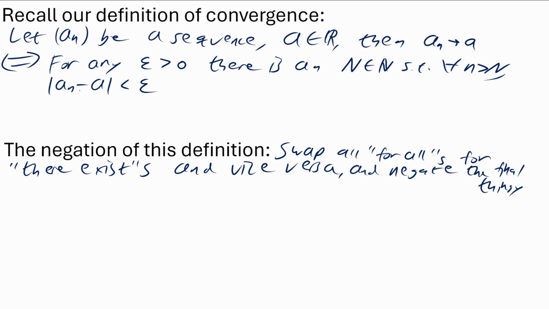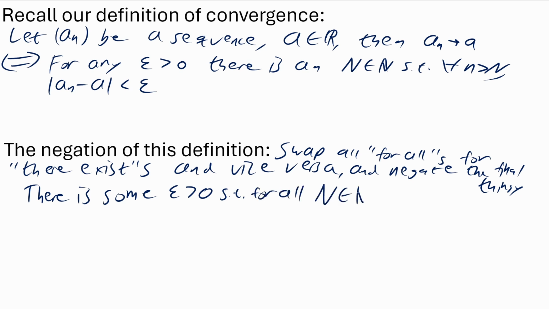So literally all we're going to do is, where we have "for any epsilon," replace that with "there is some epsilon greater than 0." Where we have "there is N," replace that with "for all N in the naturals." Where we have "for all n greater than N," replace that with "there is some n greater than N such that," and then just the negation of the last thing.